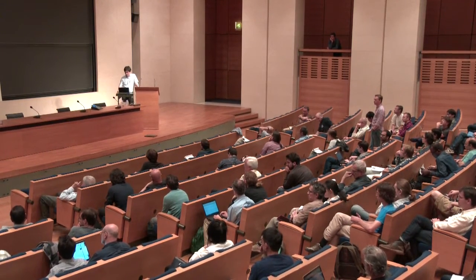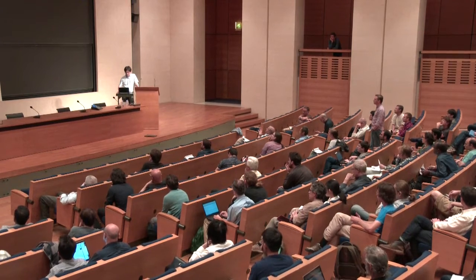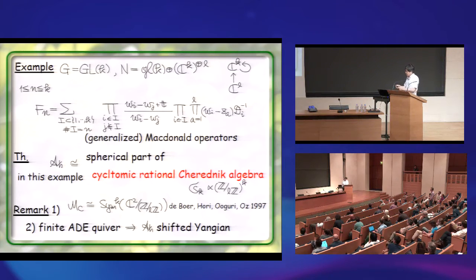I see. Yeah, in this example, the cyclotomic rational Cherednik algebra is the rational version. And in fact, if I consider the case corresponding to this example, this is the cyclotomic trigonometric Cherednik algebra. But in fact, that was not known, and this is a new algebra.